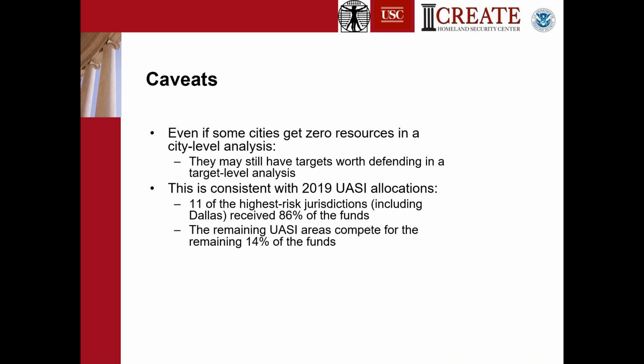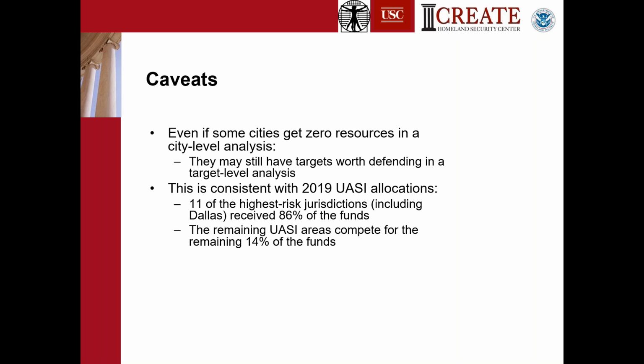So currently, 11 of the highest risk jurisdictions, the 10 that I showed, plus Dallas is now included in that list, receive about 85 or 86% of the UASI funding.